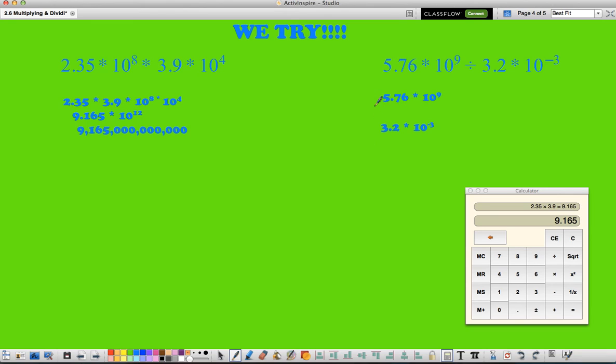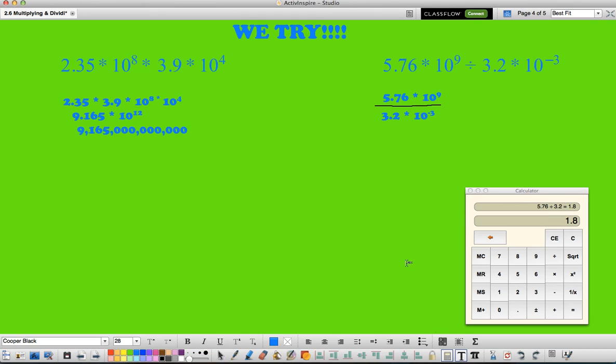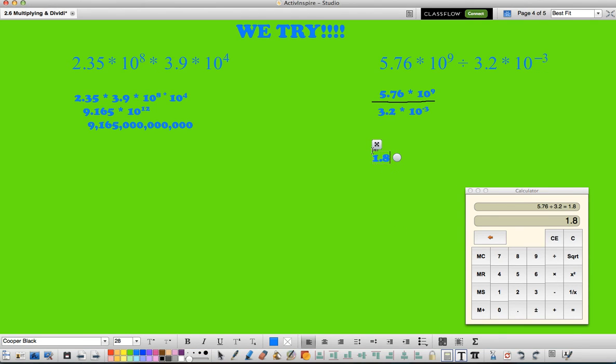So now what this means is that I actually divide, so 5 and 76/100 divided by 3 and 2/10 gives me 1 and 8/10. And then I know that I have to subtract my exponents. So 9 minus a negative 3 turns into 9 plus 3. So I get times 10 to the 12th power.